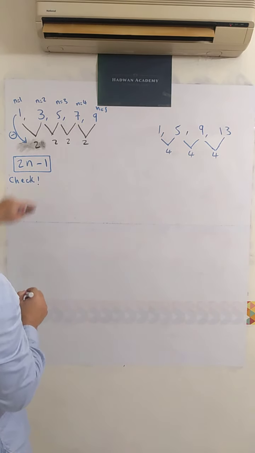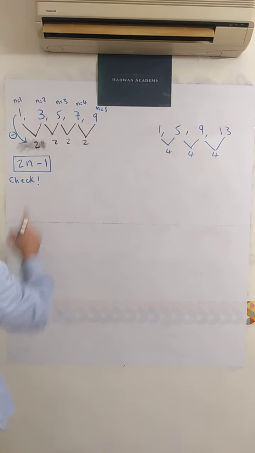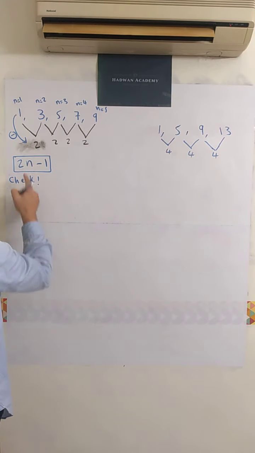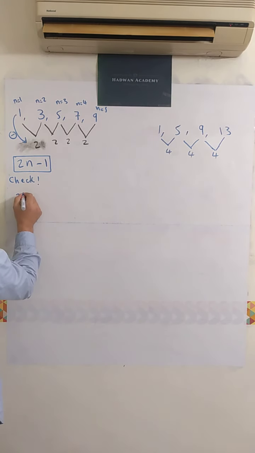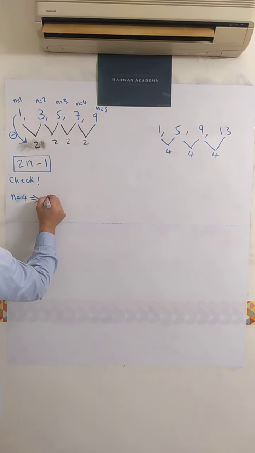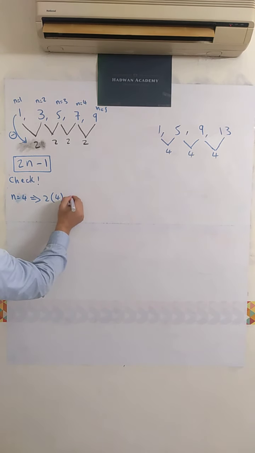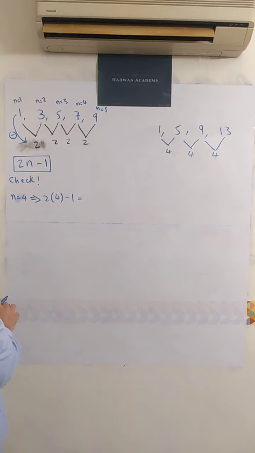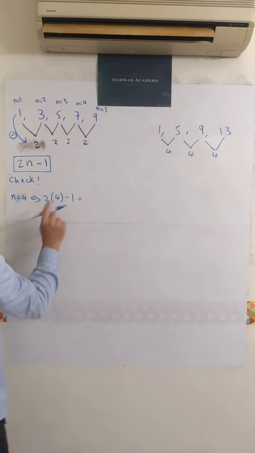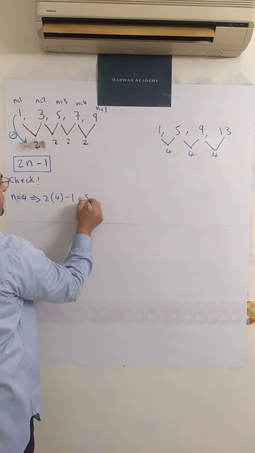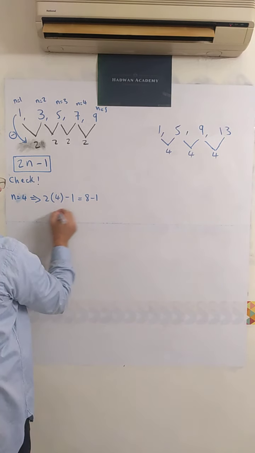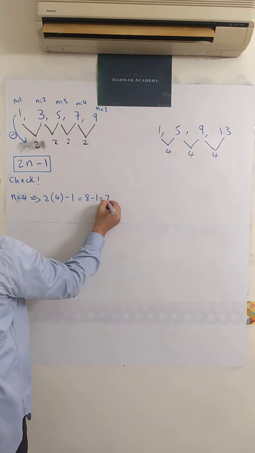I'll take n equal 4 and substitute: 2 times 4 minus 1. The answer is 8 minus 1.